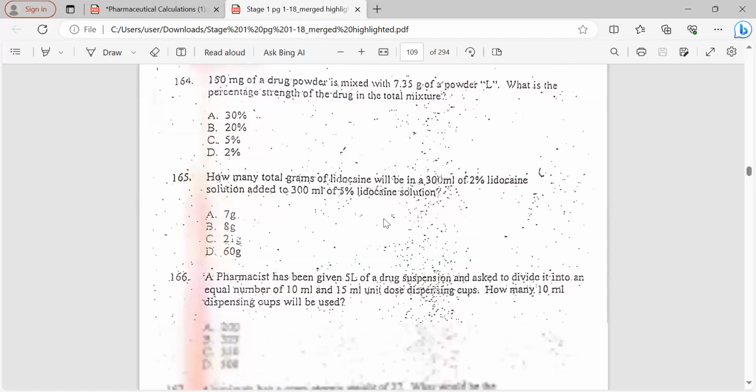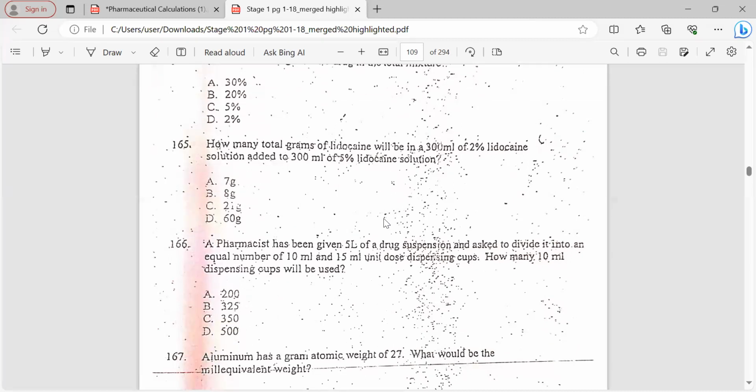And then the next one, how many total grams of lidocaine will be in a 300 ml of 2% lidocaine solution added to 300 ml of 5% lidocaine solution. So, tumesema percentage strength ni in 100.